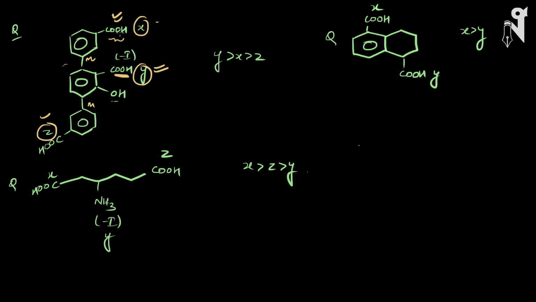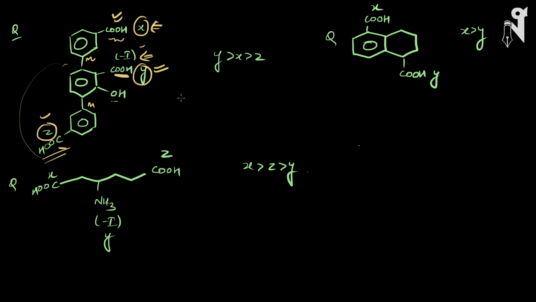So the COOH of X is closer to the COOH of Y, and this will cause its minus I effect on the carboxylic acid here, whereas no resonance effect will be applicable as this whole chain is present on the meta position. Whereas for Z, there is nothing closer which can give its inductive effect and increase or decrease the acidic strength of the COOH.